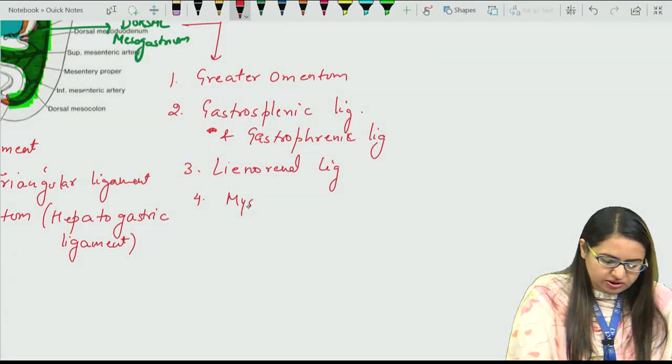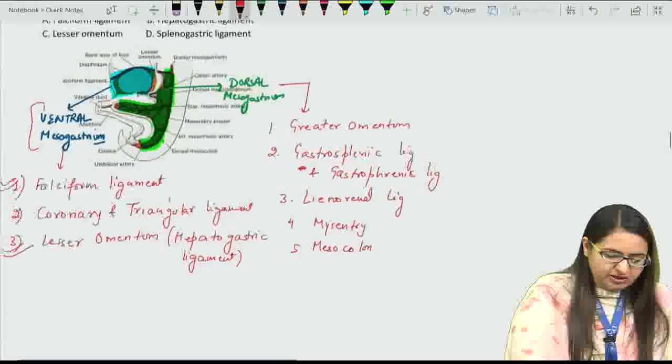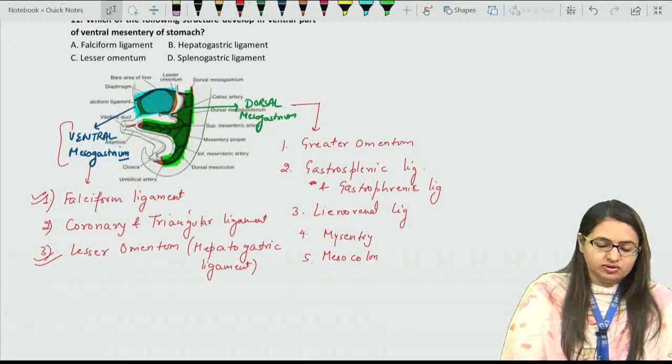Apart from this, it is also giving rise to mesentery of the small intestine as well as the mesocolon. So these are the structures which are derived from the ventral and the dorsal mesogastrium.